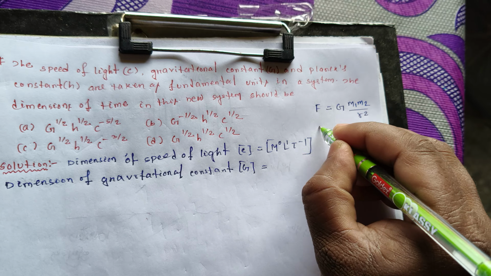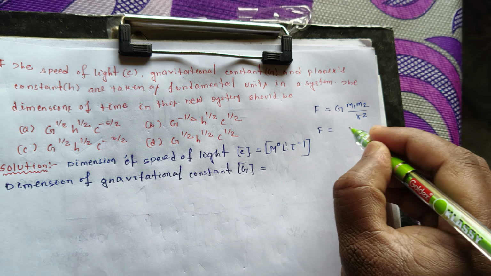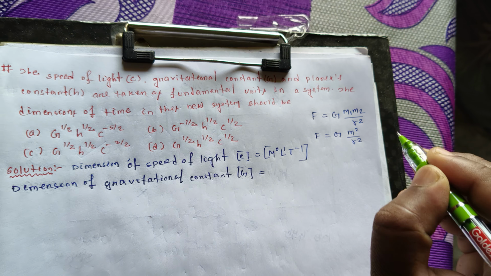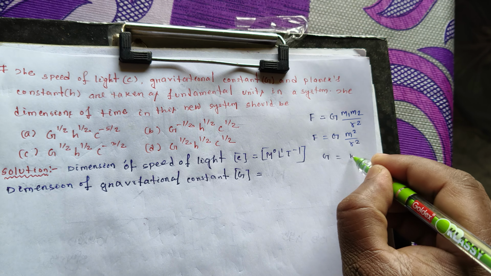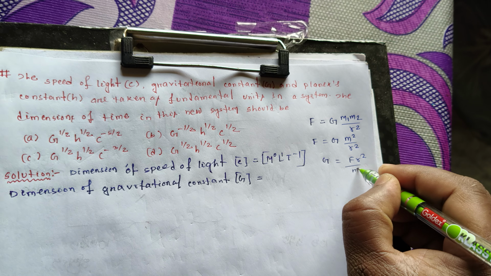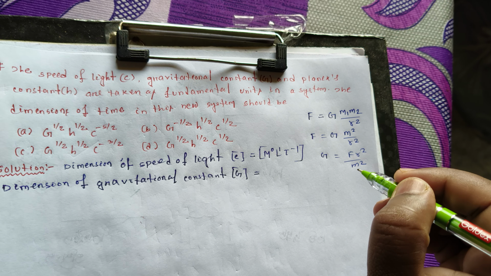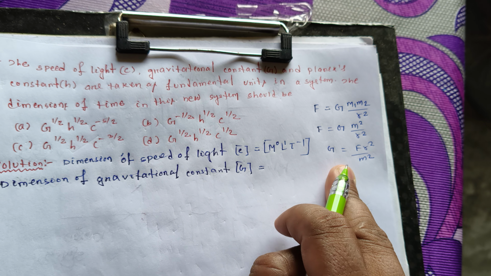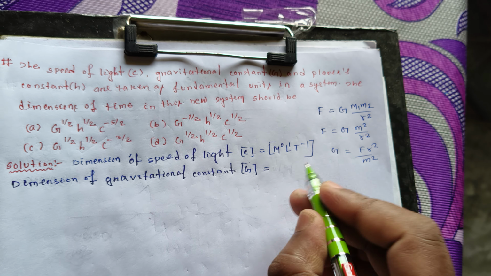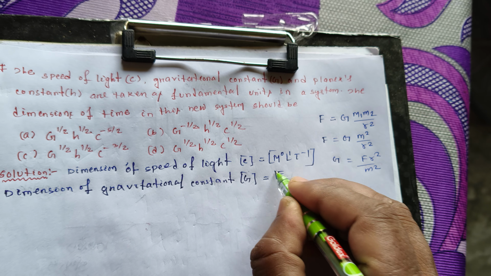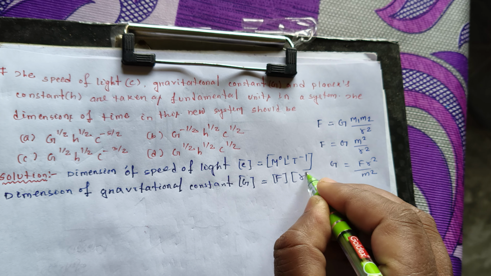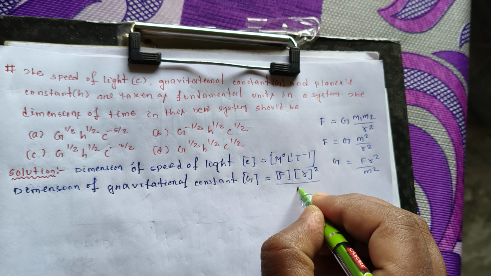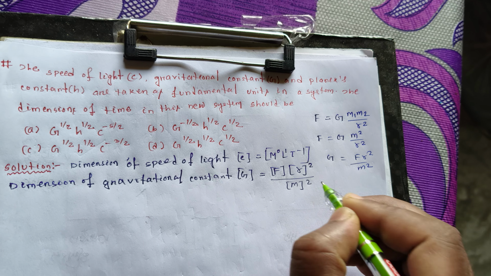If the same mass, F is equal to G m square by r square, and the value of G is equal to F r square by m square. So this is the dimension of force, times dimension of distance squared, divided by dimension of mass squared.